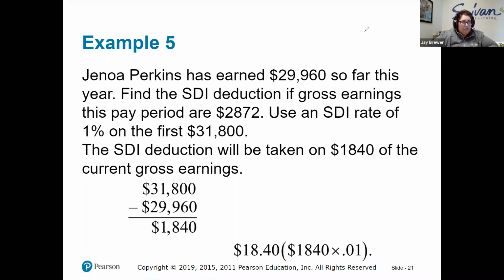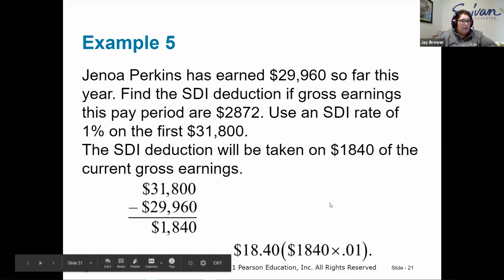So again, I don't know how many different ways I can tell you that this stuff is just tricky and it's difficult, and it doesn't make most sense mathematically. They do things weird. So $18.40 is what the person is going to be charged.